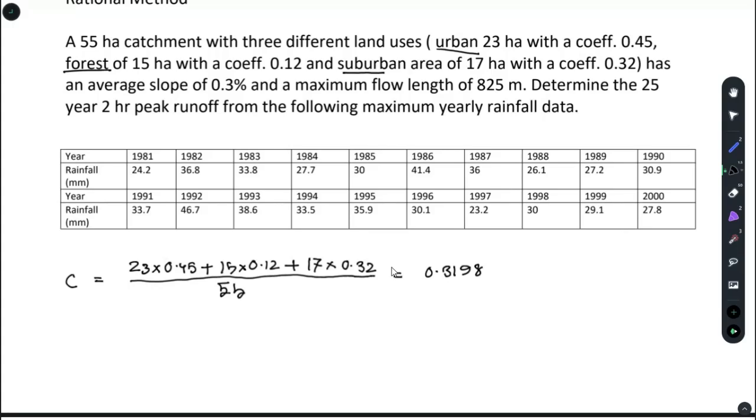So then you actually need intensity, and that is for the 25-year 2 hour peak runoff. Here you have got the rainfall for 25-year, and this is for 2 hour peak runoff.